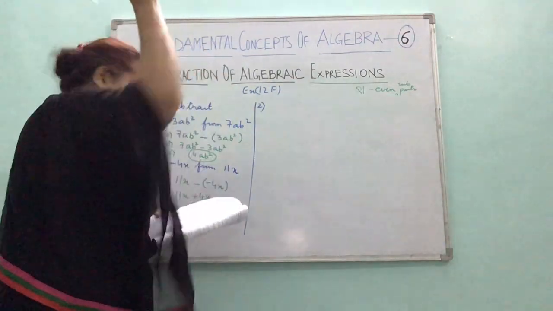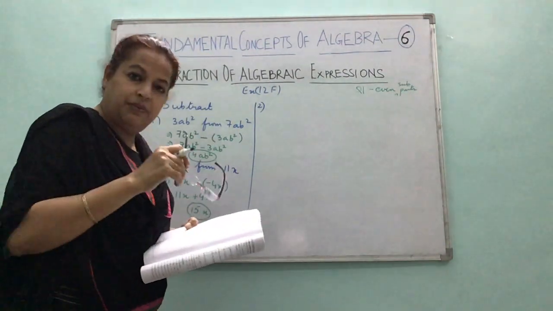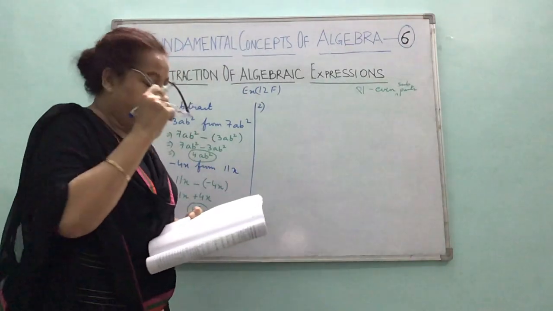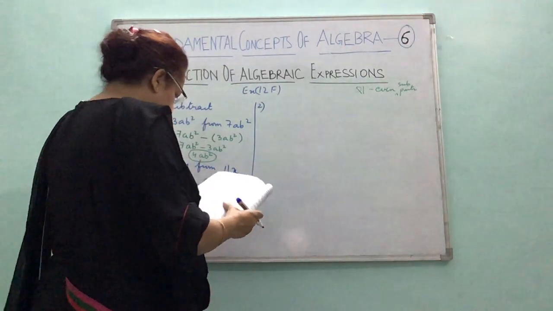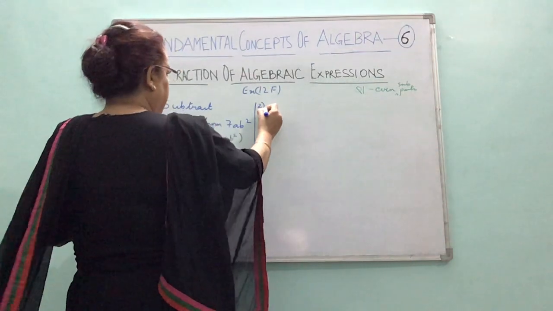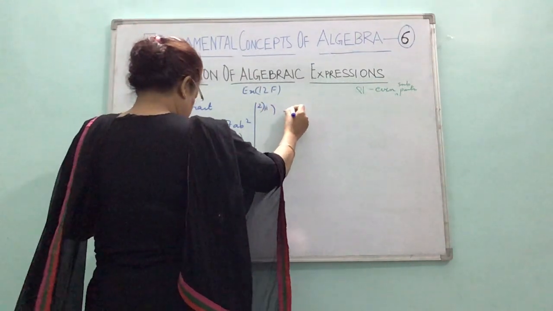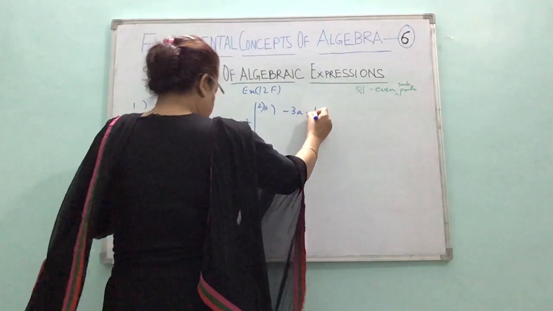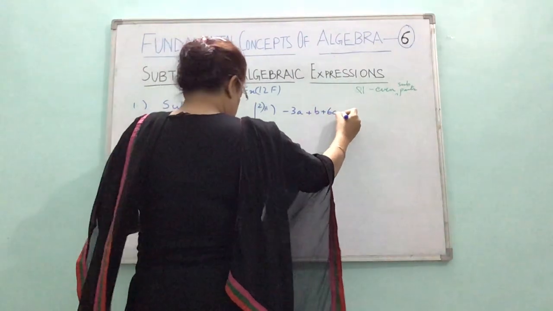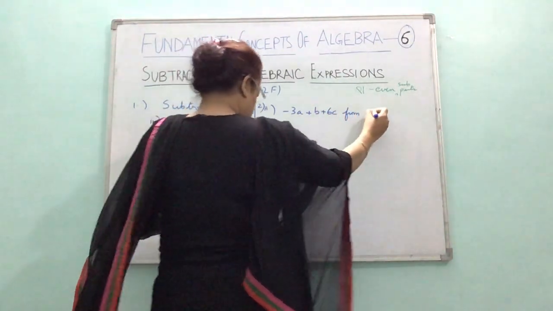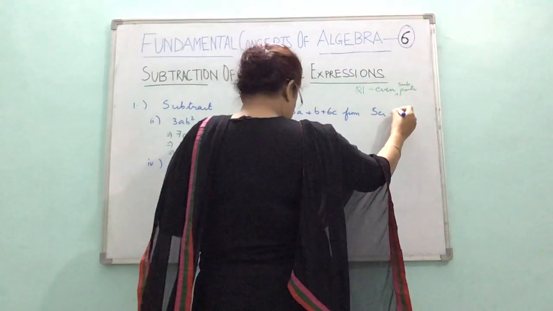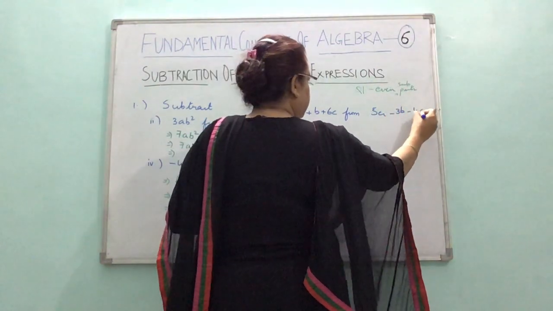Subtract the first expression from the second. Now instead of a monomial, it has more than one term. I'll take up the second part here. Subtract minus 3a plus b plus 6c from 5a minus 3b minus 4c.